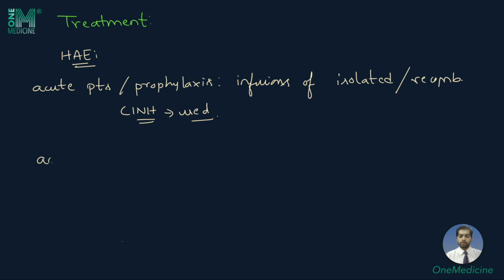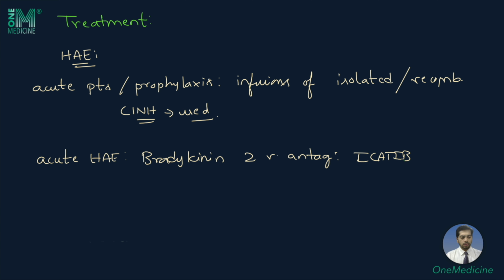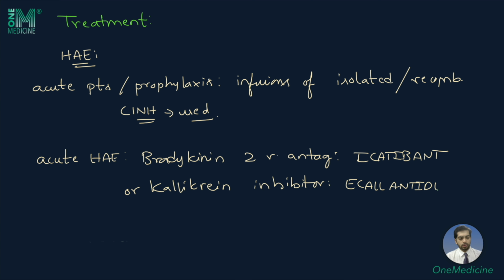Other treatment options in acute hereditary angioedema include bradykinin 2 receptor antagonist, icatibant, or kallikrein inhibitor, ecallantide. The next topic is allergic rhinitis.